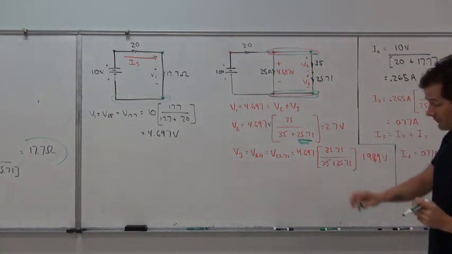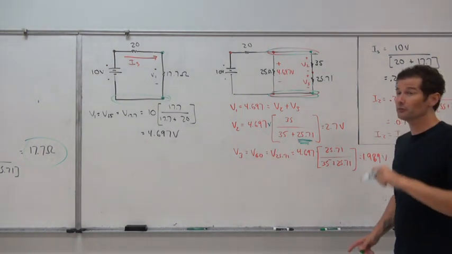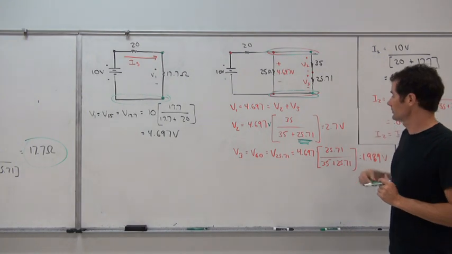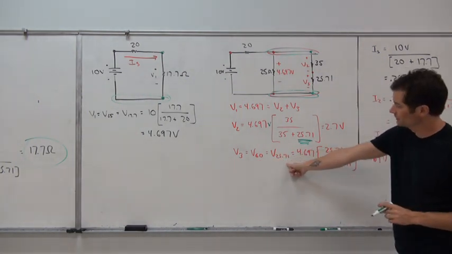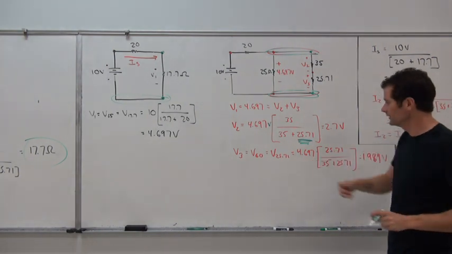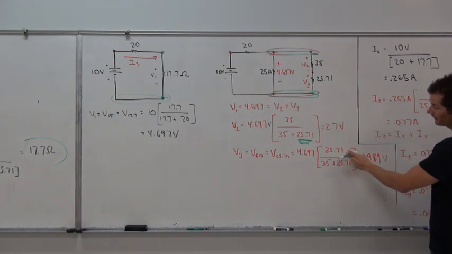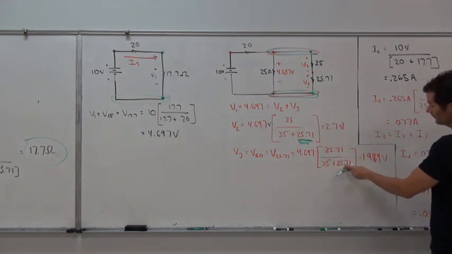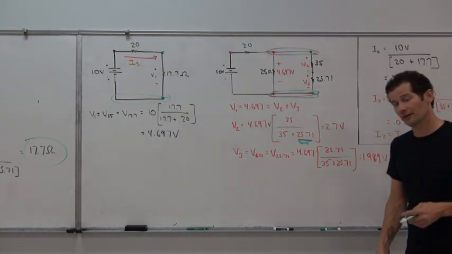So 45 ohms in parallel with 60, the voltage across both of those will be the same, and also the same across the equivalence of 25.71 ohms. So V3 is equal to V60, which is equal to V25.71. So 4.697 volts multiplied by 25.71 over 35 plus 25.71. Sure enough, that comes out to be roughly about 2 volts.